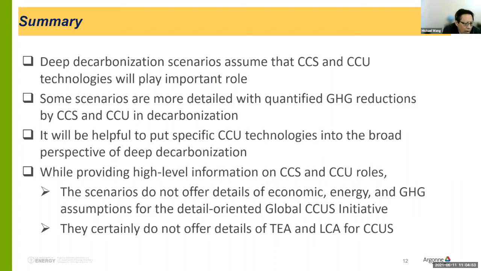But while providing high-level information of CCS and CCU roles, these scenarios do not offer details on economics, energy, and GHG assumptions for a detail-oriented global CCUS initiative. Whereas for TEA and LCA, it's very technology detailed.